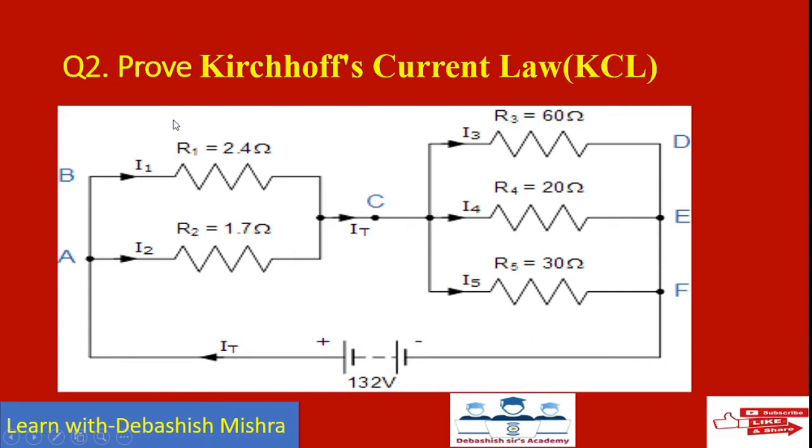In the next problem, prove Kirchhoff's current law, KCL. This is the circuit with R1, R2, R3, R4, R5.